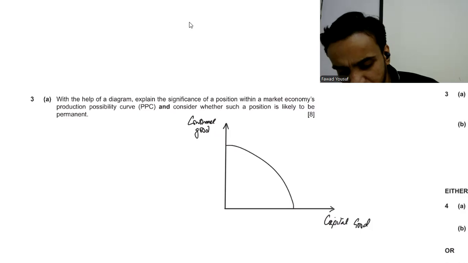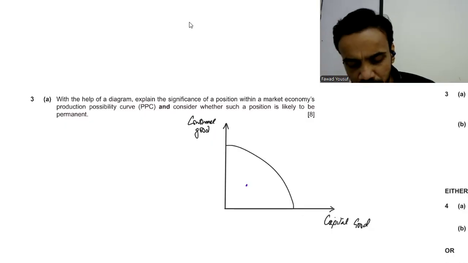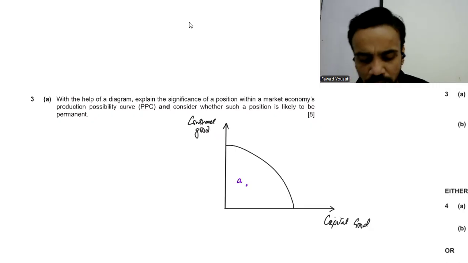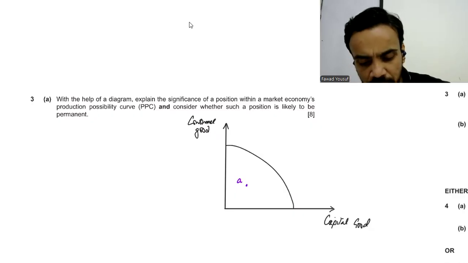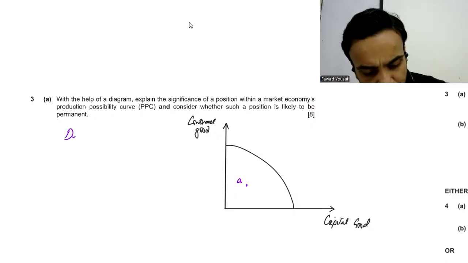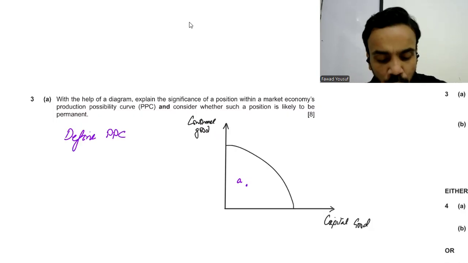से बनाना है। Every time you have to make sure you're touching the axes, and then within a curve का मतलब है we're talking about a point inside the curve। Let me mark it as point A। और उसके बाद we should define PPC। इस क्वेश्चन में कोई मूवमेंट वाली बात तो नहीं हो रही, so I don't need to go over the movement along the curve and the opportunity cost का discussion.